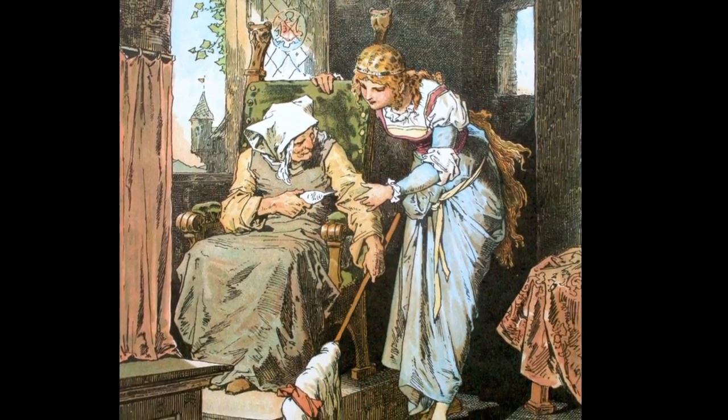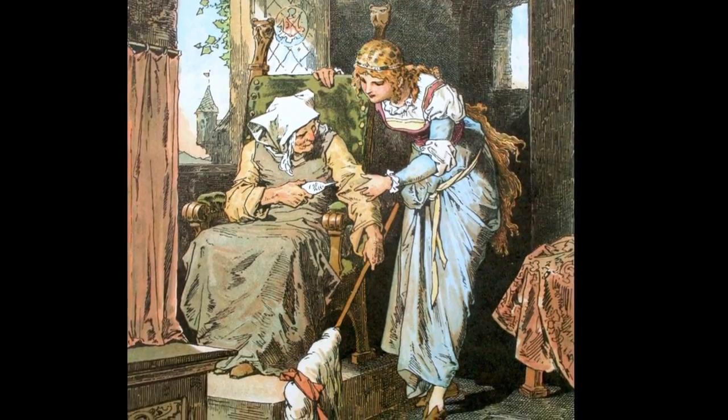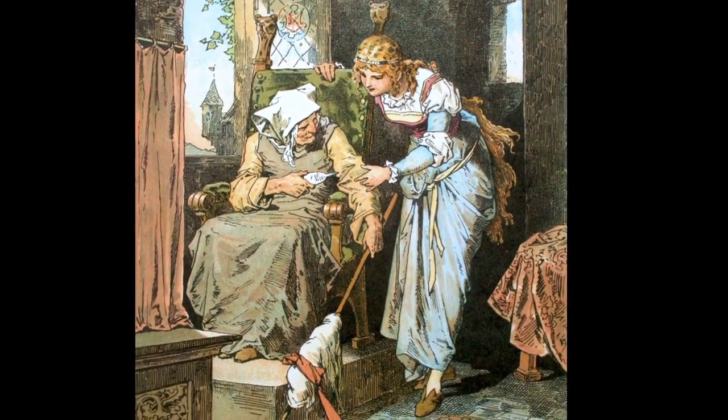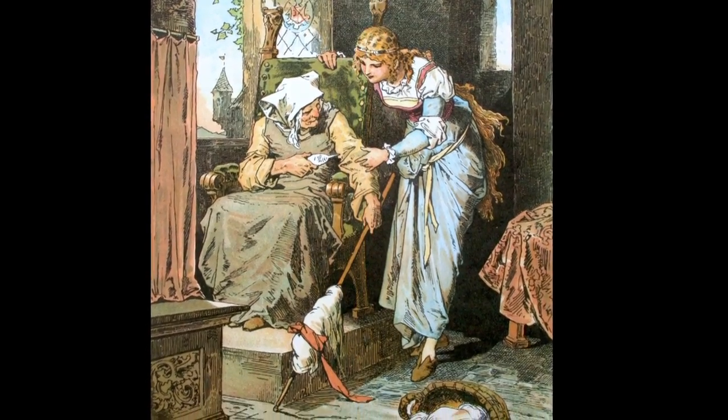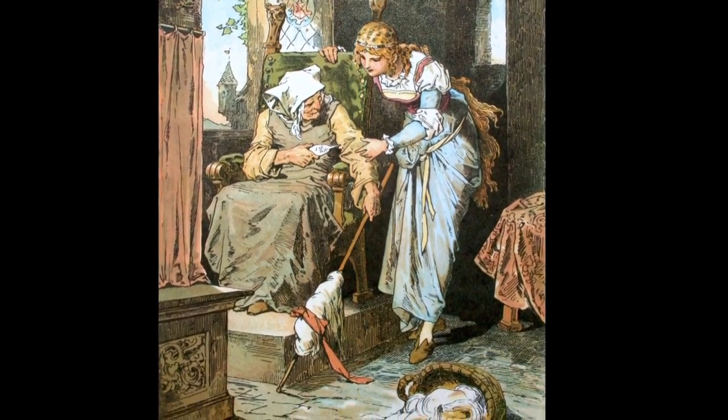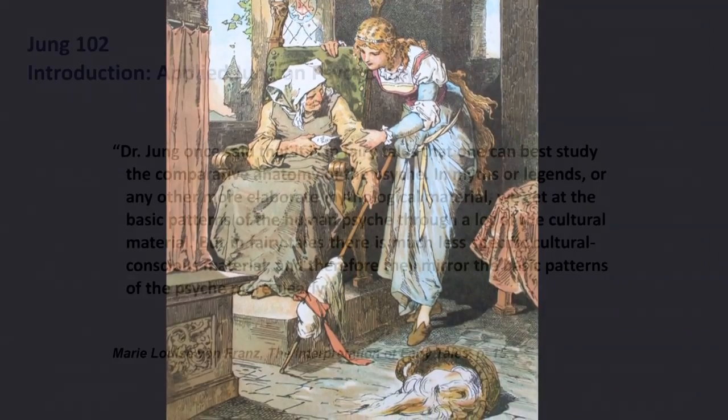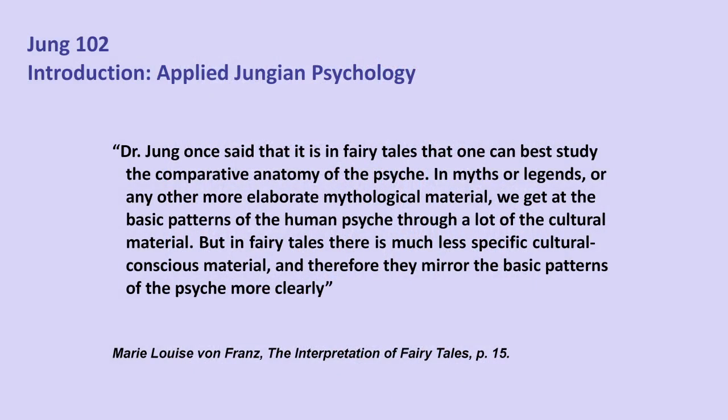The expert on Jungian understandings of fairy tales, many of you may know, is the great and wonderful analyst Marie-Louise von Franz. And I want to read a quote to you from her of what she heard from Dr. Jung. She says, "Dr. Jung once said that it is in fairy tales that one can best study the comparative anatomy of the psyche.